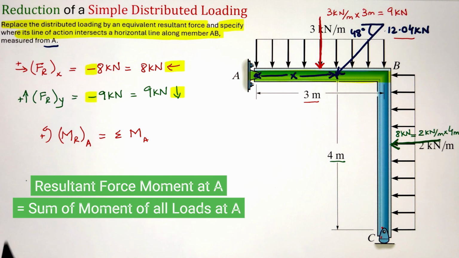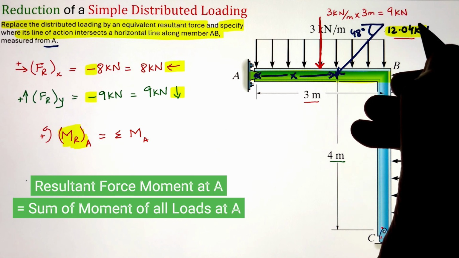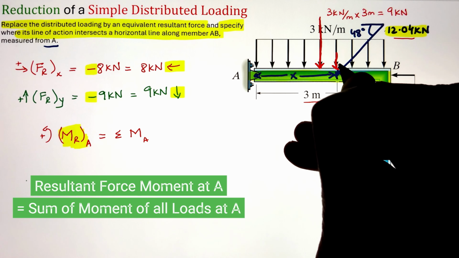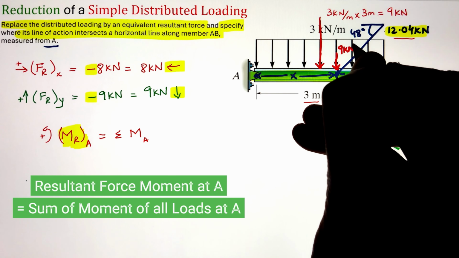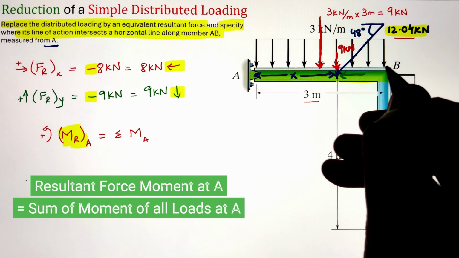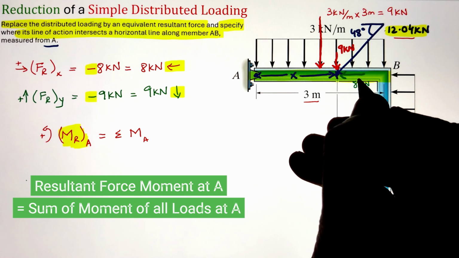Now, since our resultant force is acting at an angle of 48.37 degrees, it can be further converted into the two components that we started with. I have a vertical component of 9 kilonewton acting downward and the horizontal component of 8 kilonewton along the line of the member AB.